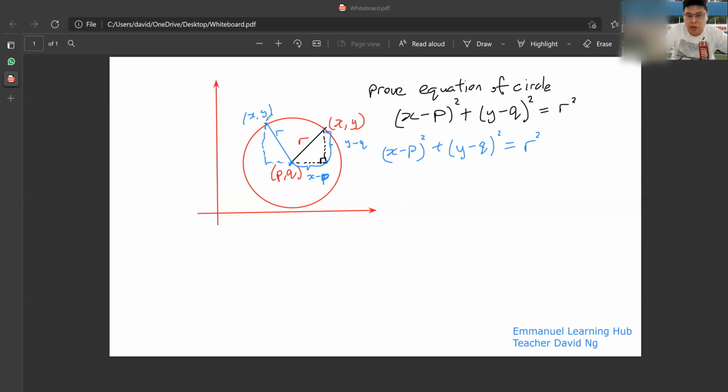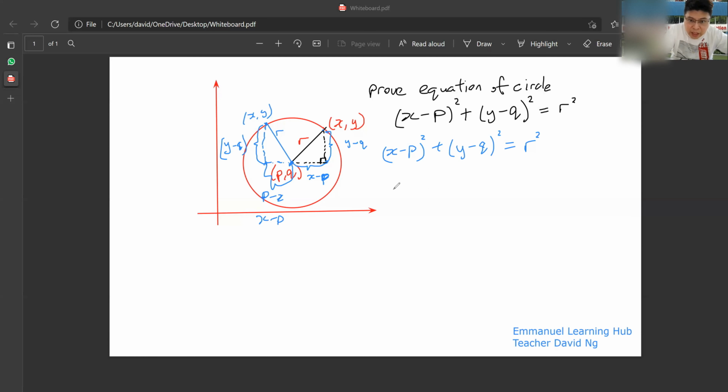Using Pythagoras theorem, let's say I choose this part here. This length will be y minus q also. And here would be your p minus x. But don't forget, because you're squaring it, whether it's p minus x or x minus p, it doesn't make any difference.